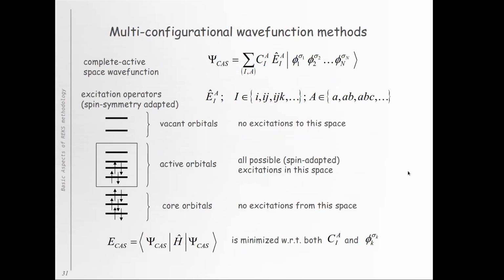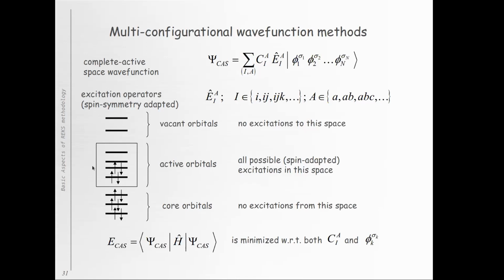Now, this is a simple explanation of multi-configurational wave function methods, where we develop this idea somewhat further. We split all the orbitals, for example, at the CAS-SCF level, into core orbitals with fixed occupations, vacant orbitals, also always empty, and active orbitals, where we include some number of occupied and unoccupied orbitals.